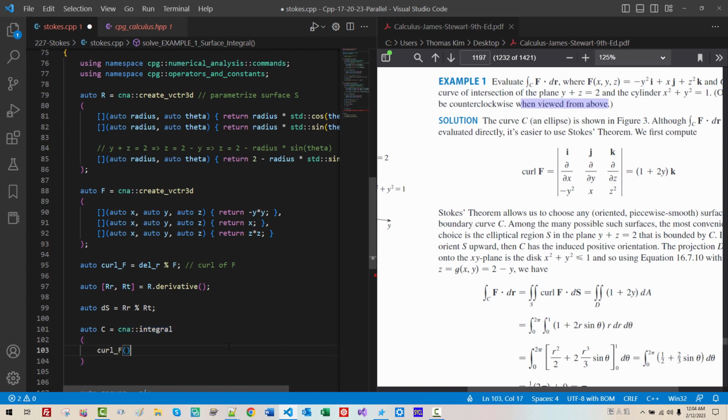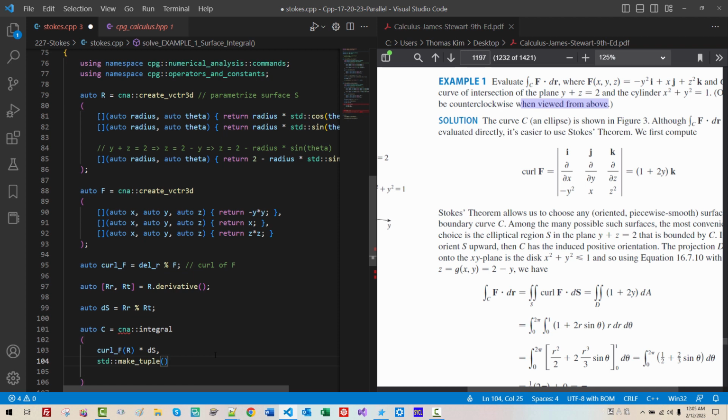We have to pass r because members of f are taking 3 parameters, but we are performing double integral, so we have to pass r, which takes 2 parameters. Then this is dot product. This dot product can be dot ds. Curl f dot ds. Then std::make_tuple.